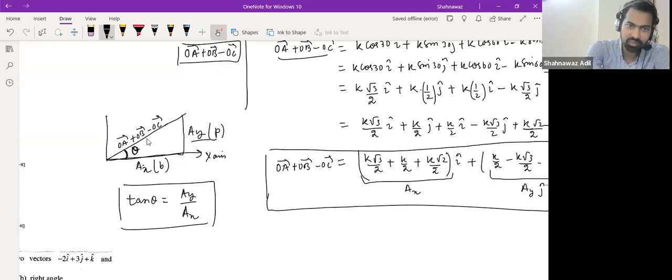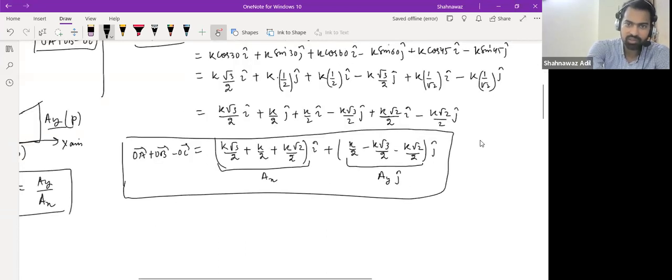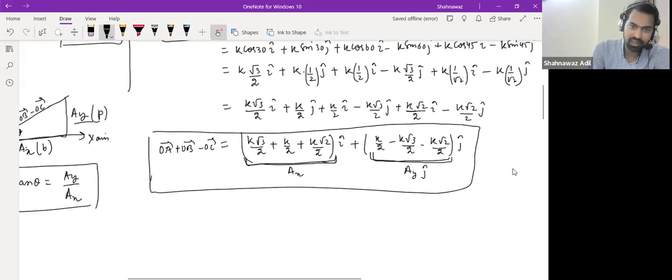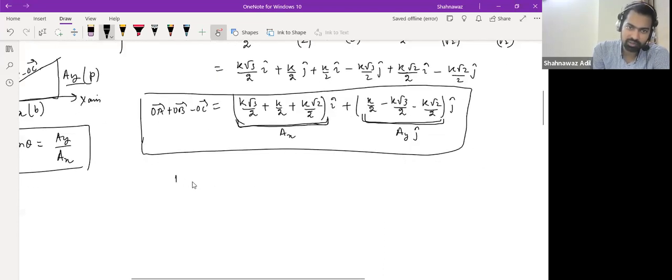Now, the same concept we have to apply here. So we know what is the horizontal component, right? And what is the vertical component. So we can calculate the angle with the horizontal as ay by ax.